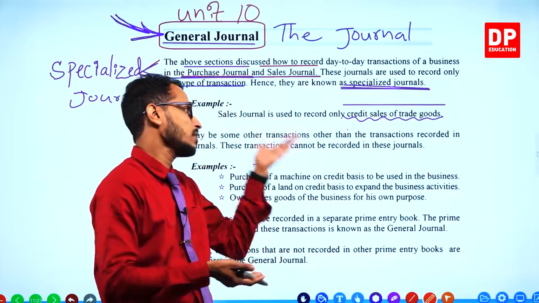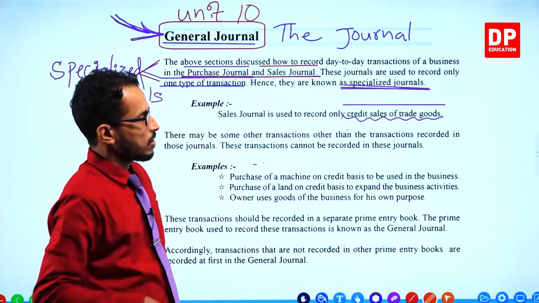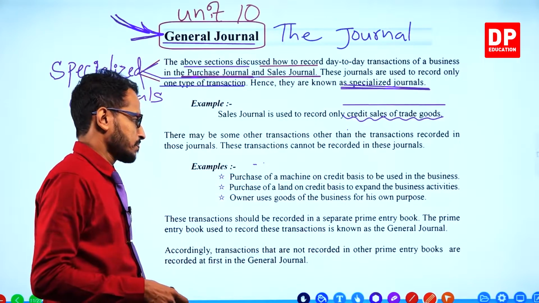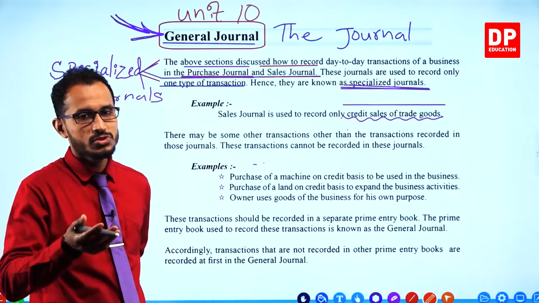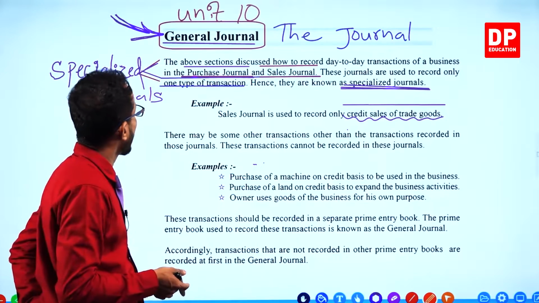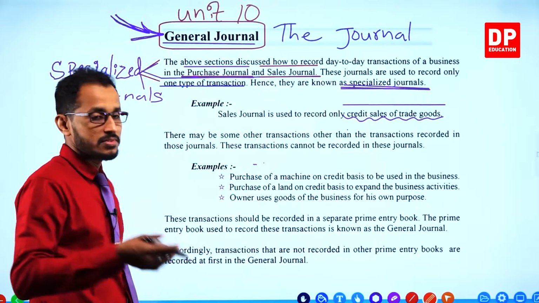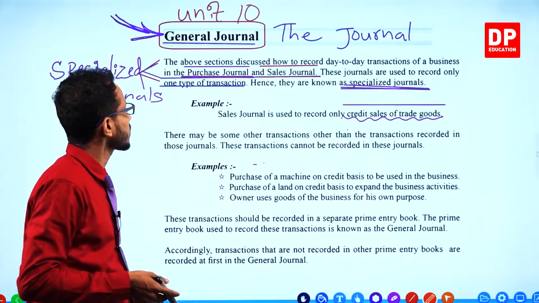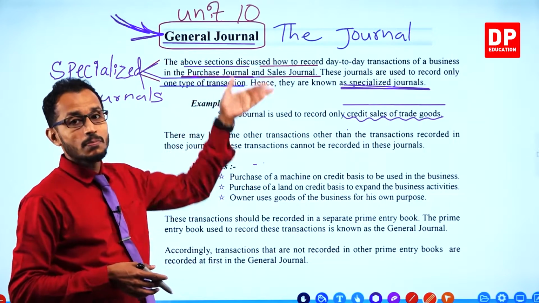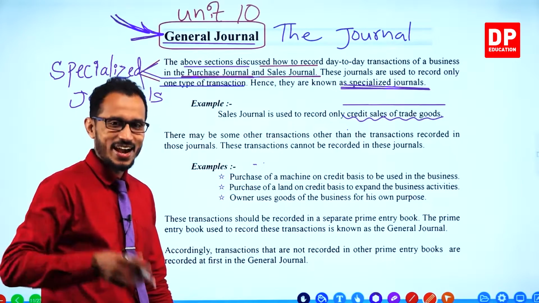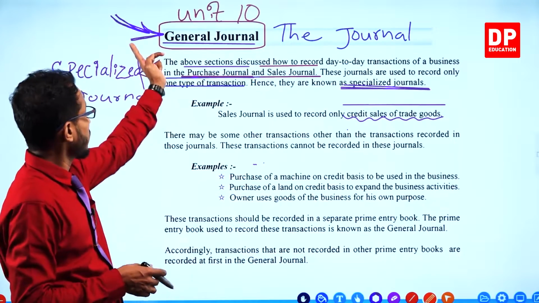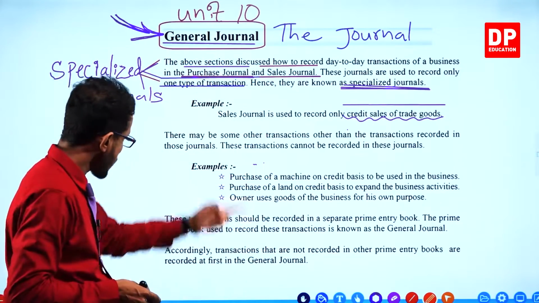So some people call it the garbage bin of bookkeeping. Well, it suits. I mean, the name suits. But let's not disrespect this very useful prime entry book. We look at what transactions are recorded in this prime entry book, the general journal.